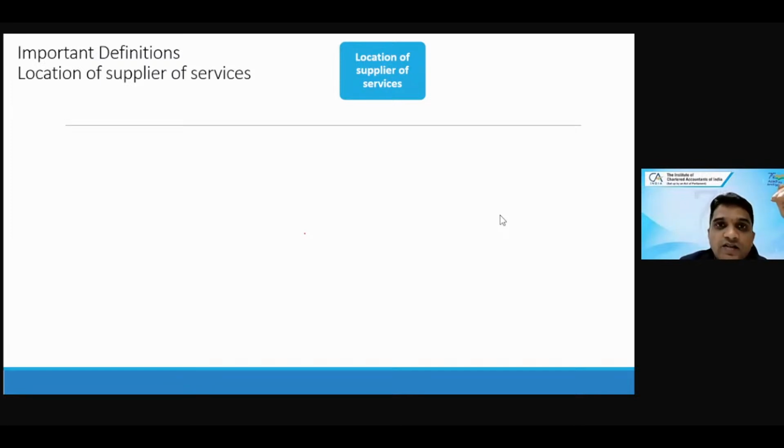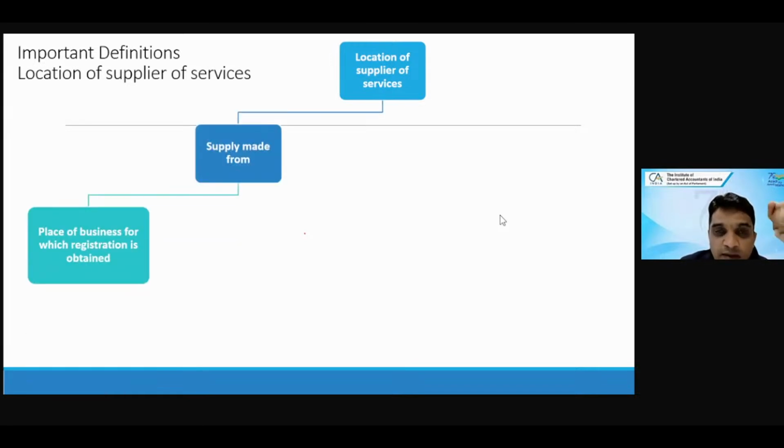First is the location of supplier of service, which is defined. Location of supplier of service means, if the supply is made from the place of business for which registration is obtained. Now, one person is there who is registered.